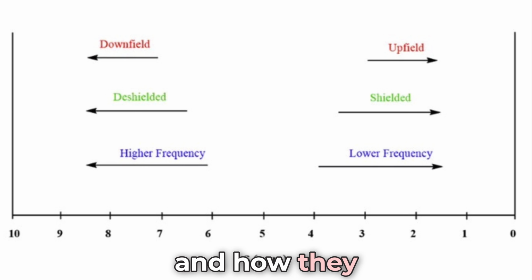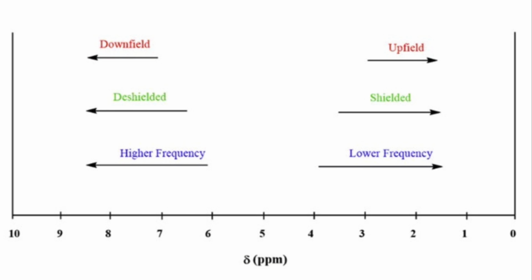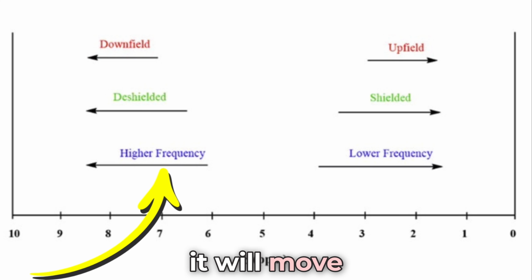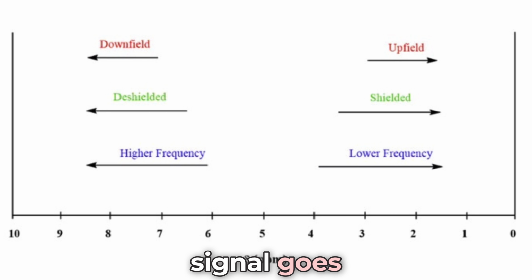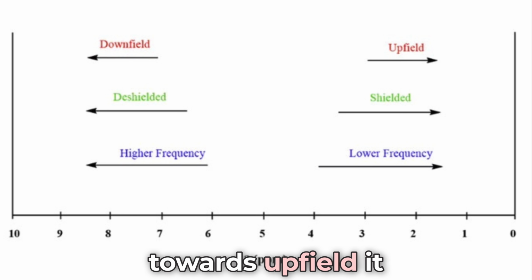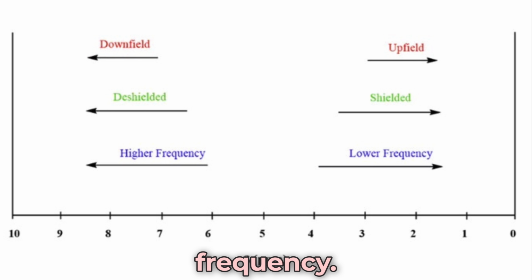If a particular proton is deshielded because of an electronegative or any other attachment, it will move towards downfield. If it is shielded, then it will move towards upfield. If the signal goes towards downfield, it will generally have higher frequency, and if it goes towards upfield, it will have lower frequency.